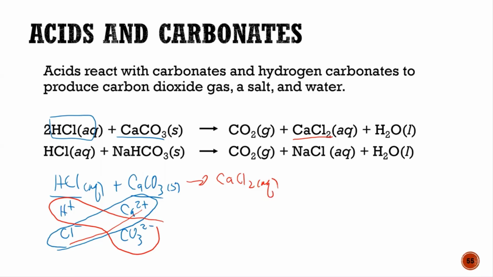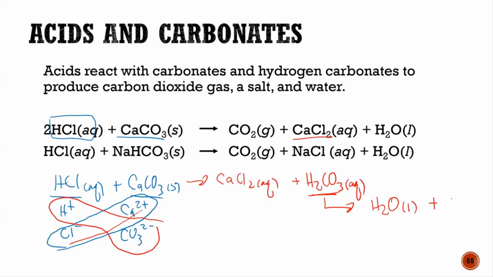Aqueous, right? But then I had mentioned that with the double displacements, if you ever produce carbonic acid, it was an unstable intermediate that actually decomposes. And your unstable intermediates decompose to water and a gas.